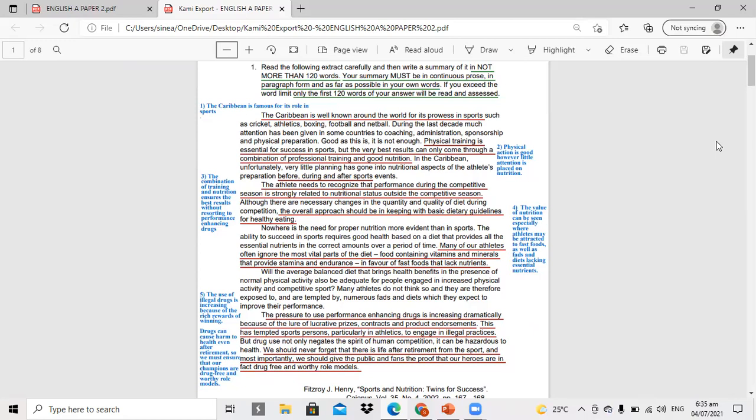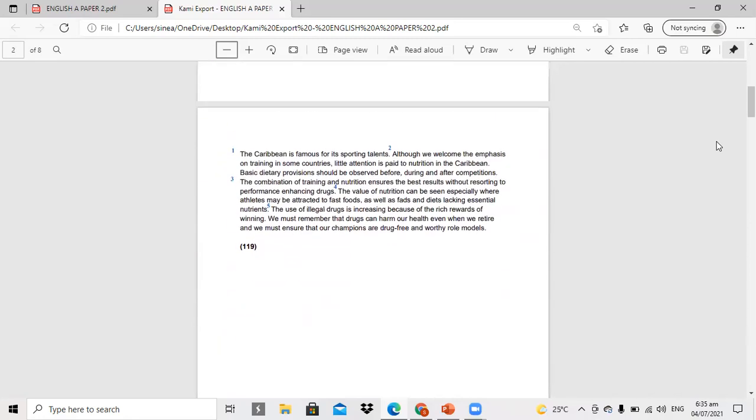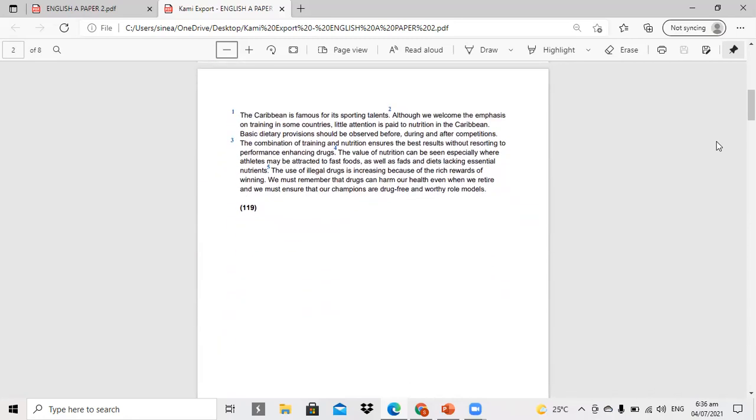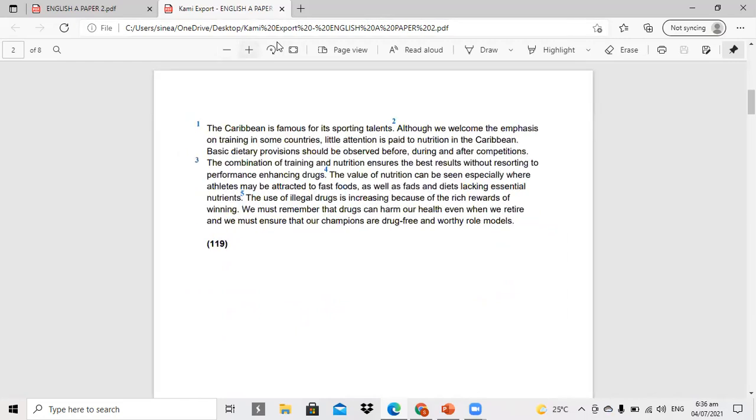This is just one example of how a summary should be written. It's not the only way in which the summary can be written. Obviously, some people might have different points, but this is a general idea of what would be expected of you in the exam. So, your summary would sound something like this.